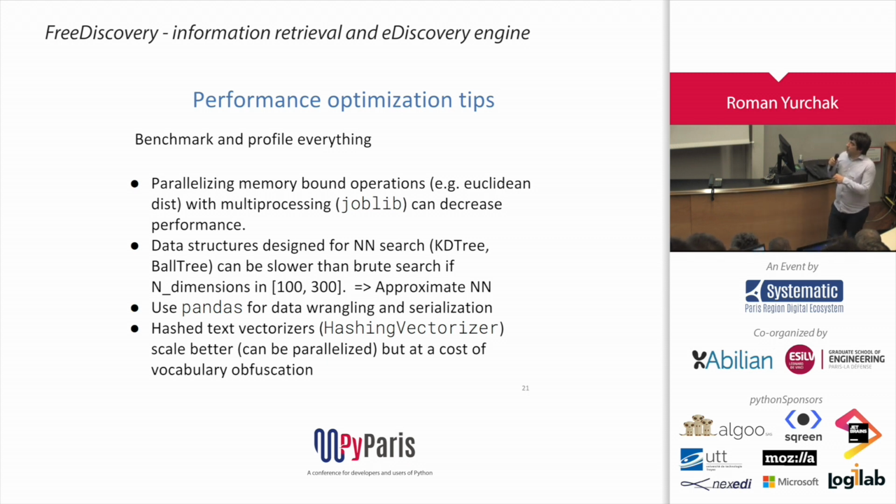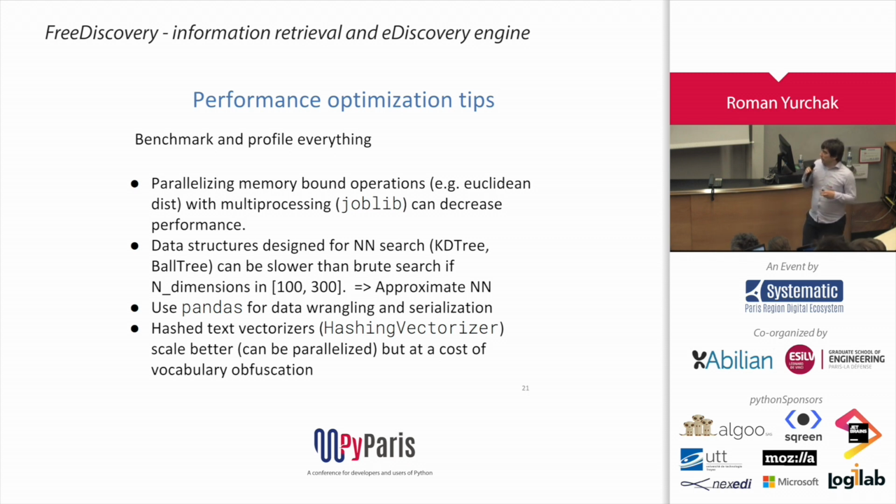And also, if you do serialization, so for instance, here we have data which is stored in a data frame and you want to convert it to a dict that's then going to be converted to JSON. If you just convert to the dict manually with a loop, it's an order of magnitude slower than just using the pandas to_dict function. Also, there is some balance to be found, for instance with the hashing vectorizer. If we want to scale the feature vectorization better, we can hash the vocabulary into a predetermined hash table.